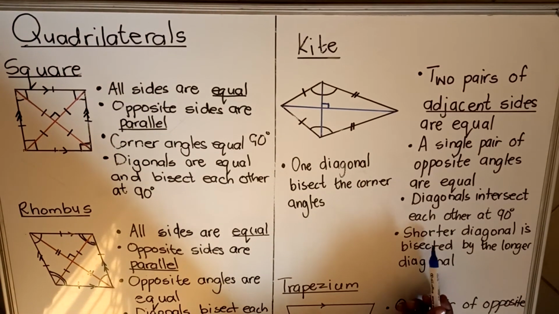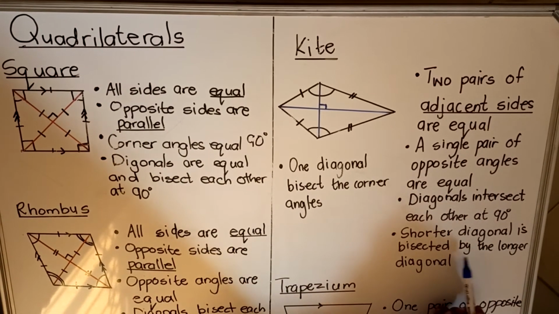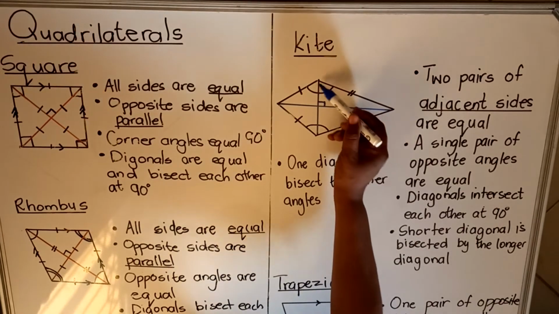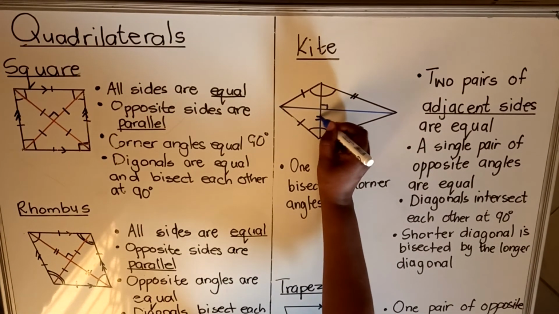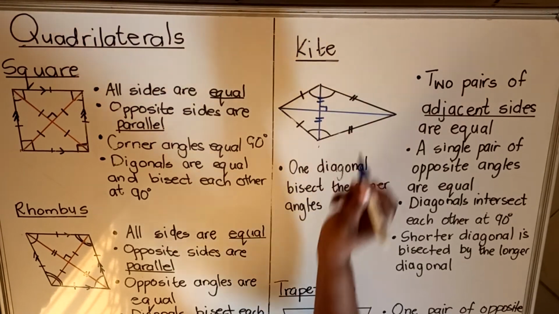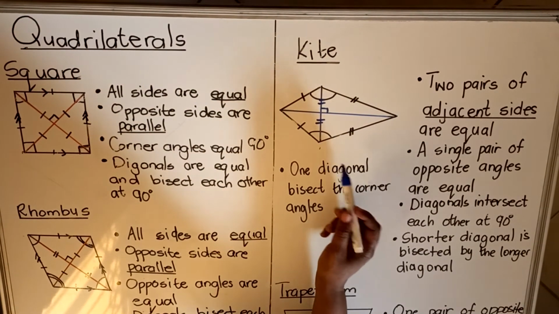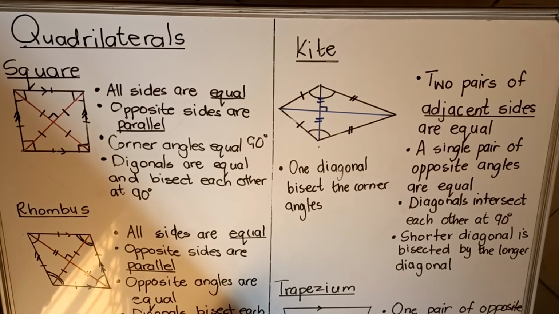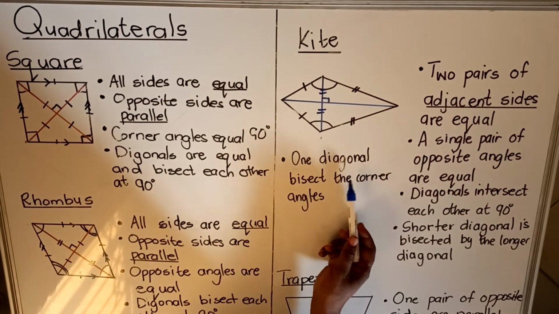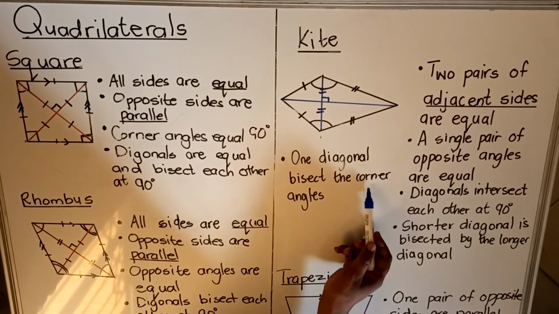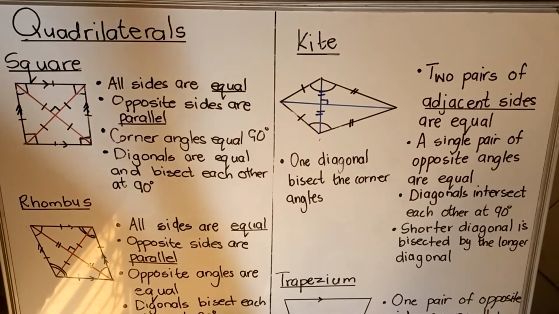Then the next one, the shorter diagonal is bisected by the longer diagonal. So this shorter one is being bisected, means it's cut equally by the longer one. But the longer one is not bisected by the shorter one. The last property, one diagonal bisects the corner angles.